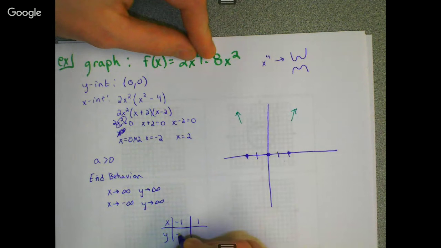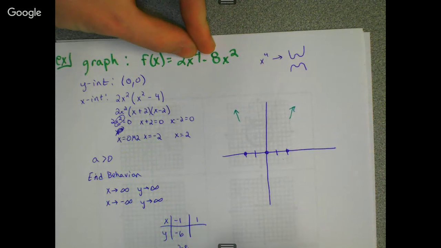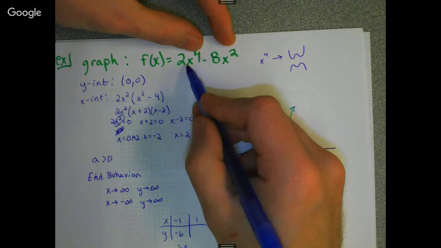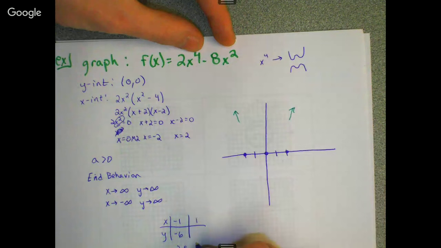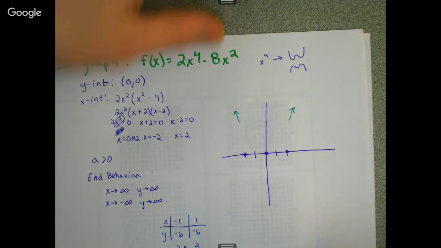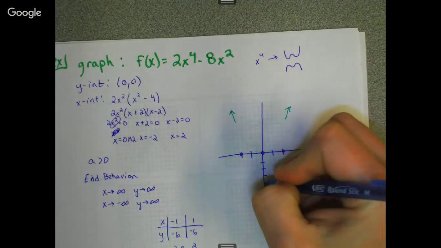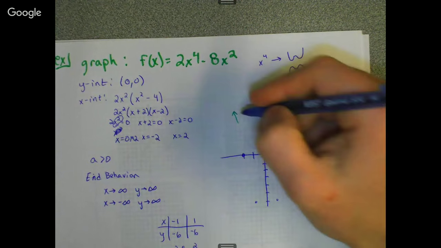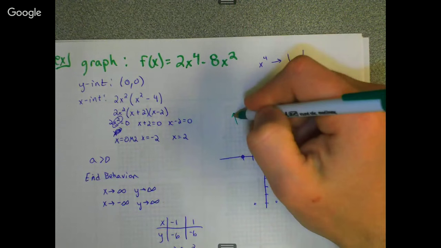So that was -6. And plug in +1, I have, that's 2 again, 1 squared is 1, so that's -6 again. So I'm here, and I'm here. So it looks like we're going to have some symmetry here.